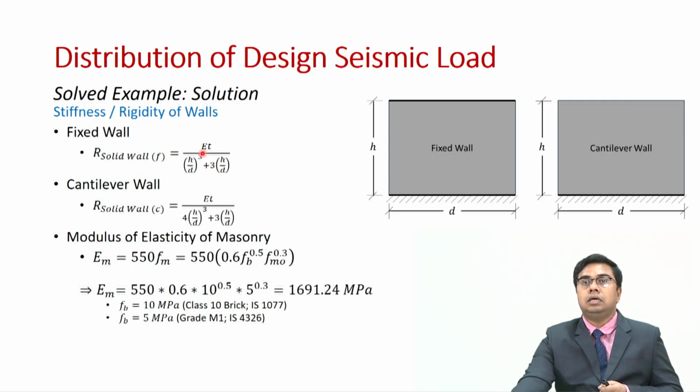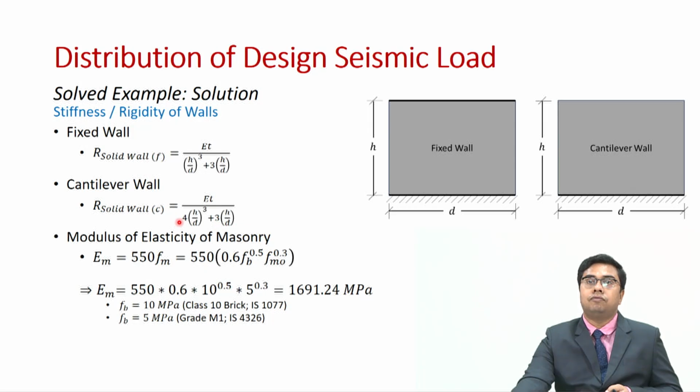Here E is the modulus of elasticity of masonry, t is the thickness of the wall, and h and d are the height and the other dimension, or length, of the wall as shown over here. Then we can also have the cantilever wall, in which the bottom is fixed but the top is not, which means it is a freestanding wall, very similar to a compound wall or a retaining wall. In those cases the stiffness will be much lower and it shall be obtained as Et divided by 4 times (h by d) cube plus 3 times h by d.